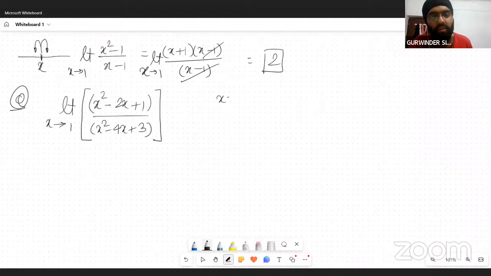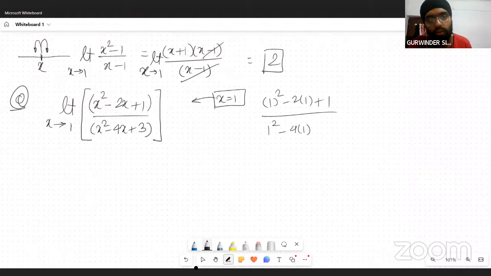So first you put x equal to 1 inside this function. You will see it is 1 squared minus 2 times 1 plus 1, whole divided by 1 squared minus 4 into 1 plus 3. It will turn out to be 0 by 0. Do you get the problem why we are not able to substitute it? Is everyone able to get it?